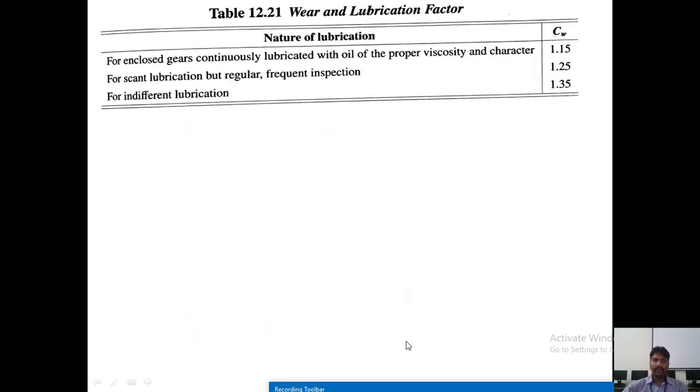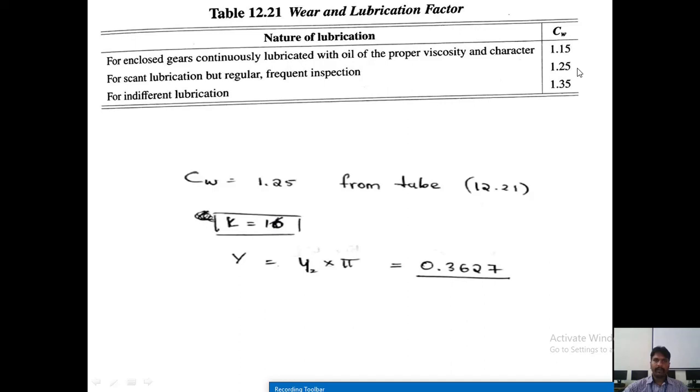To calculate Cw, the wear and lubrication factor, from table 12.21, if the data is not given, assume scant lubrication but regular frequent inspection, and take Cw equal to 1.25.